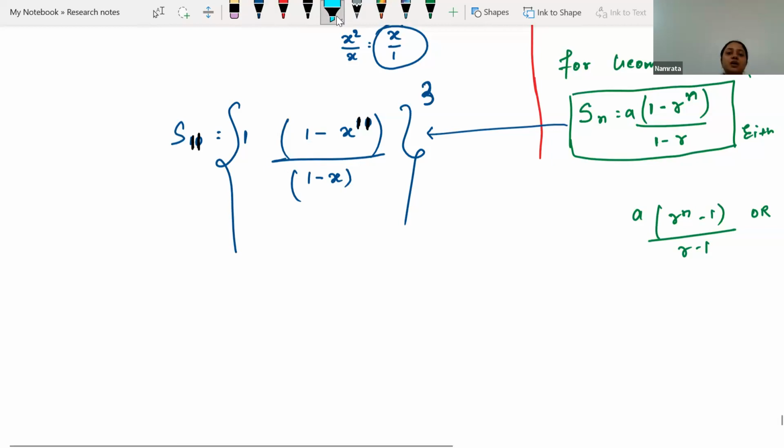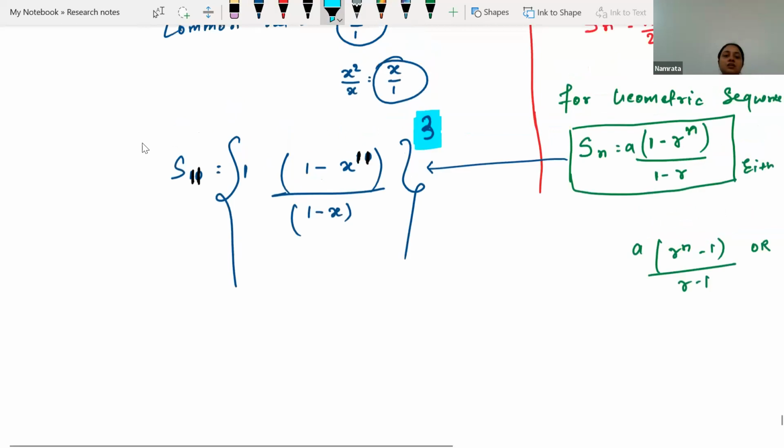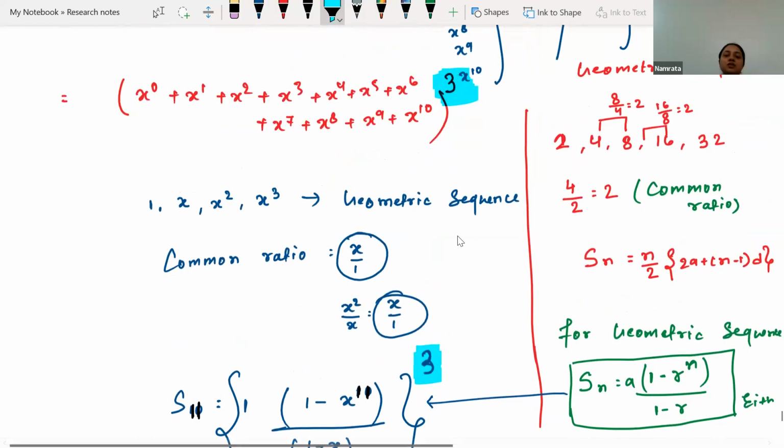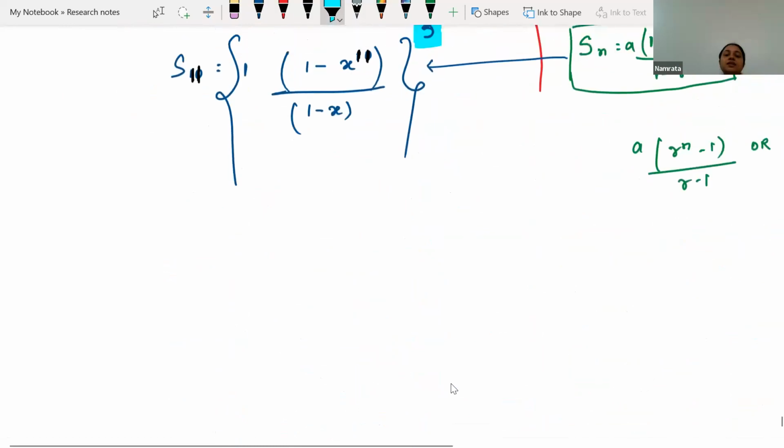That's why in the formula also we are giving power 3. The sum of n terms formula is this one, and since that is having power 3, I have copy pasted power 3. Can you see? Is it clear so far?